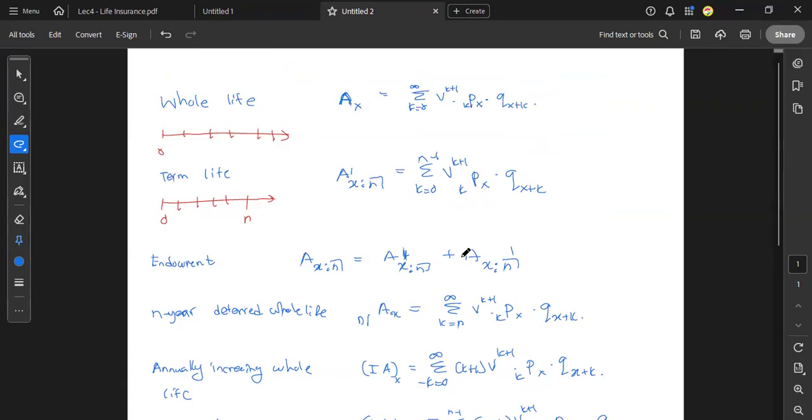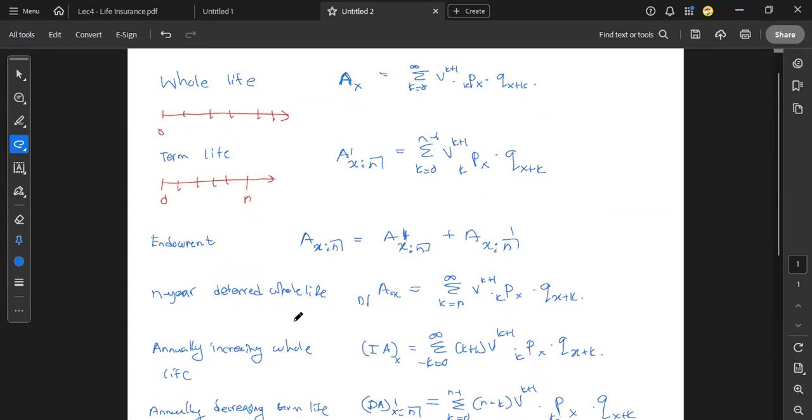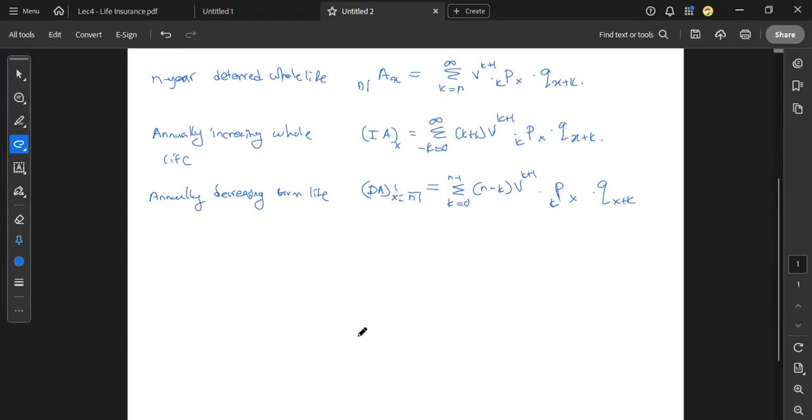So it's enough to work with whole life, term life, endowment, and deferred whole life. But these increasing and decreasing insurance types are also discussed at this point as an additional source. Now you should realize the similarities between these equations. The concept is there.